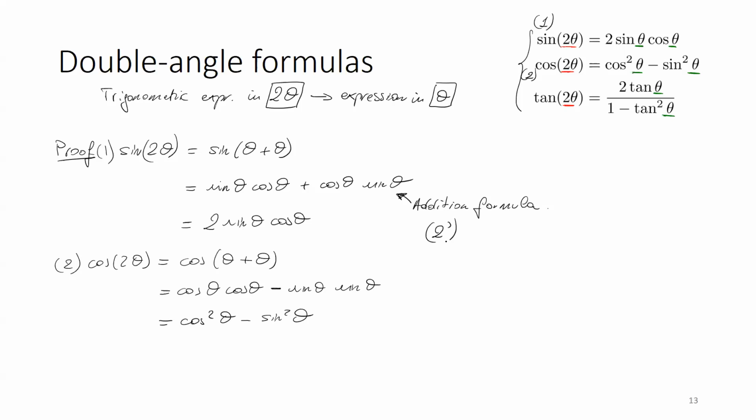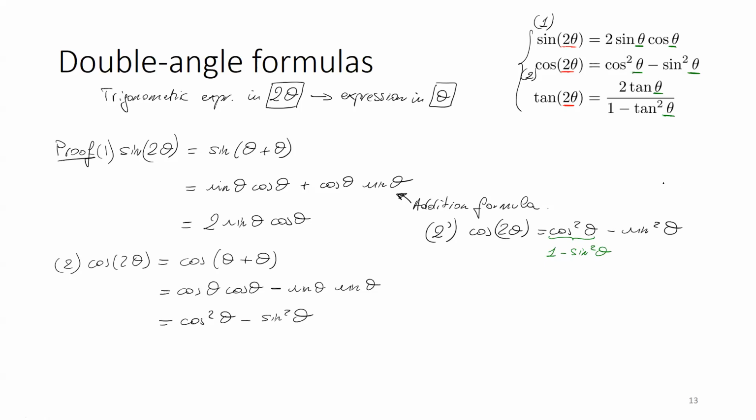So I'll call this first one 2 prime. So here if we start with cosine 2 theta, and we write it as cosine squared theta minus sine squared theta. Then what I can do now is I can use my fundamental identity and I can write cosine squared as 1 minus sine squared theta. And why is that?